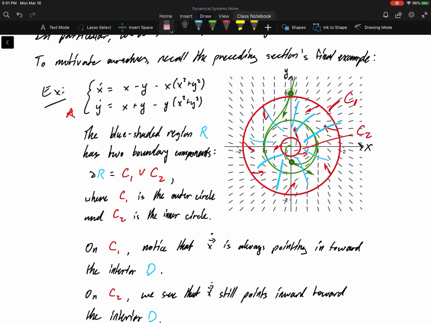And you'll notice something very similar happening with the inner boundary. That trajectories are pointing out away from the origin, but again, toward the blue region. So these guys want to be pushing initial conditions so that they stay inside of this annulus that I'm calling R, this blue region.